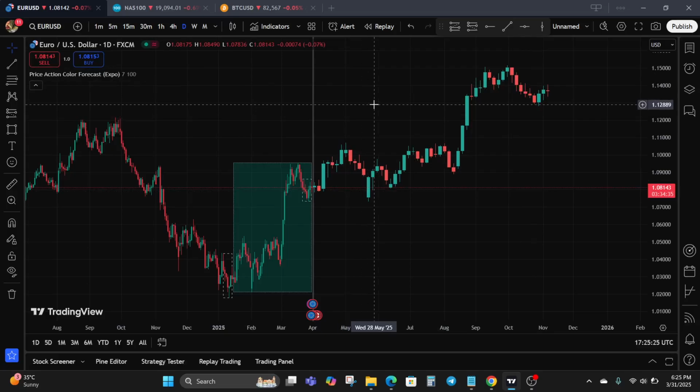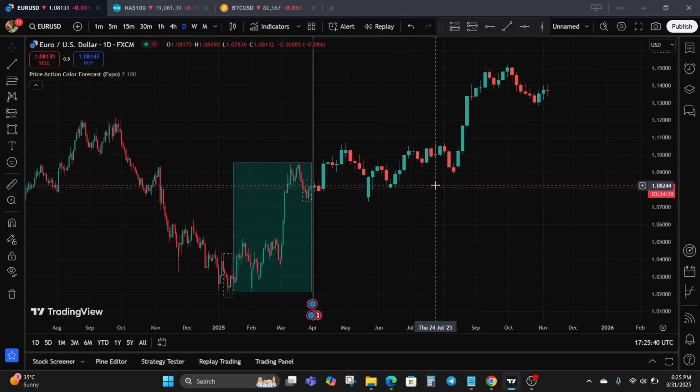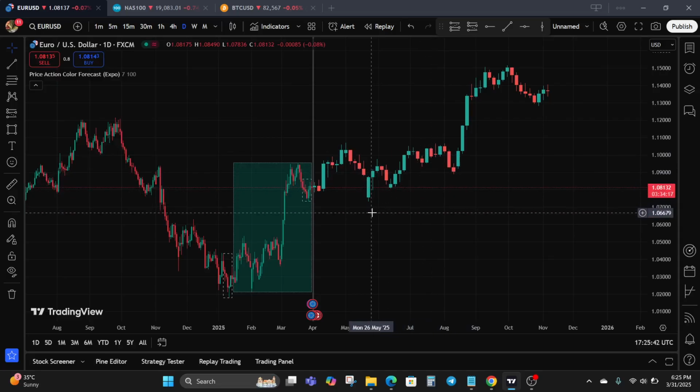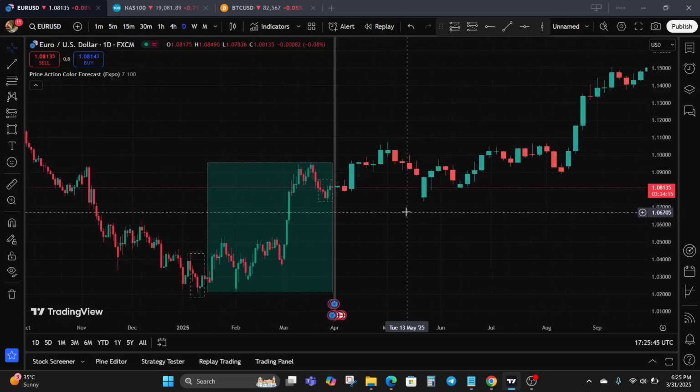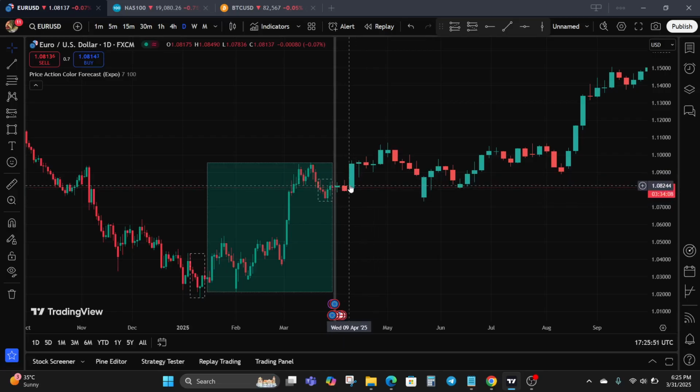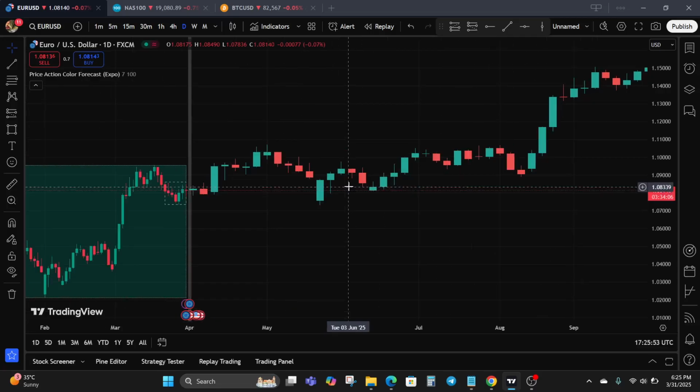So the indicator helps traders anticipate price action shifts, and it allows traders to spot upcoming market movements instead of reacting late. Now, let us break down how you can use this indicator to make better trading decisions. For a bullish signal, when the price forecasts a bullish move, the indicator color turns green.